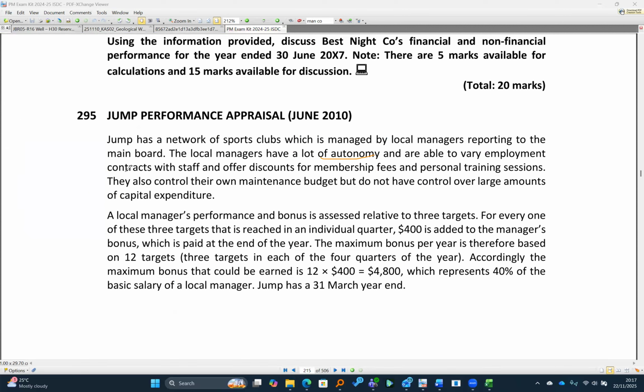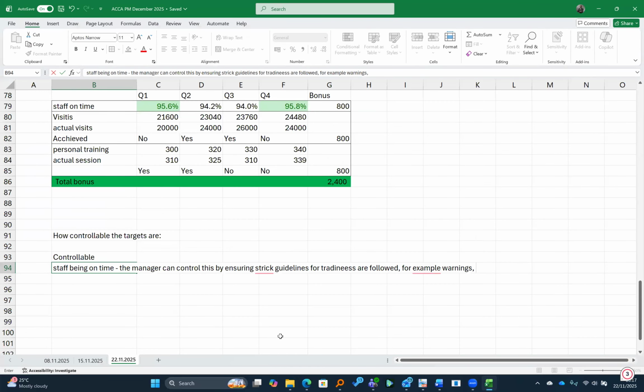He can vary employment contracts, offer discounts for memberships and personal trainings. So he can vary employment contracts, which means he can change the contracts so that he can decide which are going to be the rewards and the warnings. Rewards for tardiness.